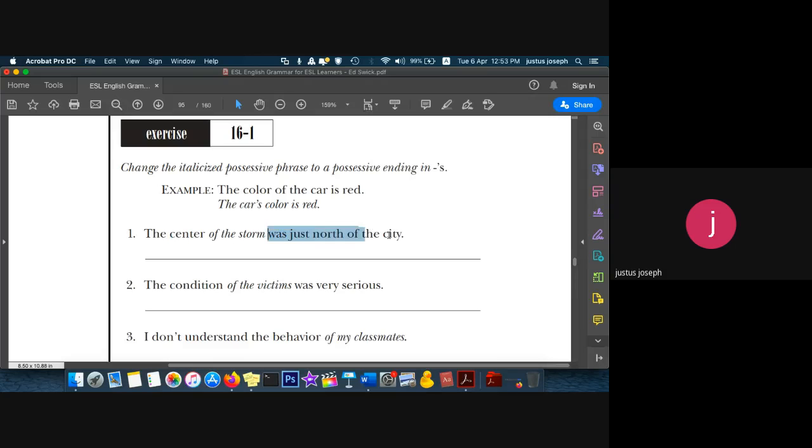Look, they have done an example here. The color of the car is red. The car's color is red. Just like that we did it here, right? The storm's center was just north of the city.